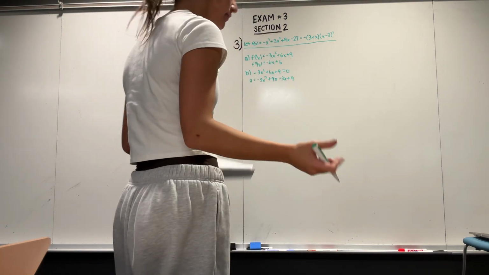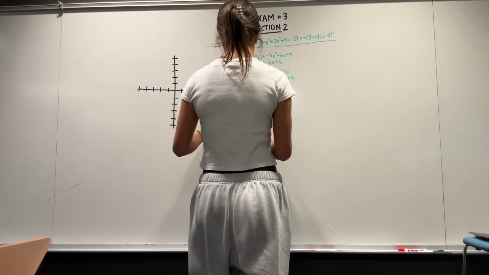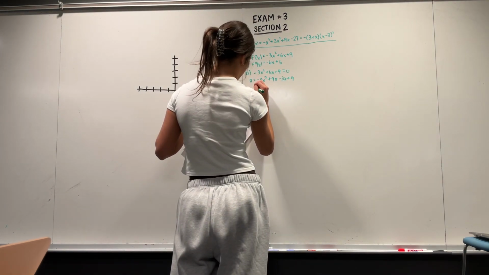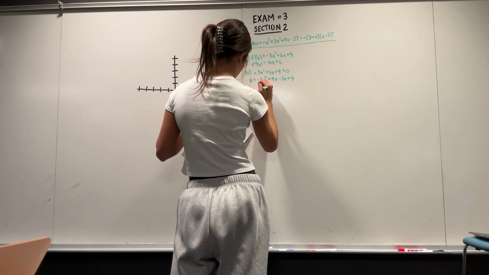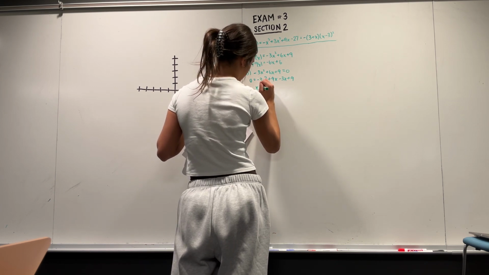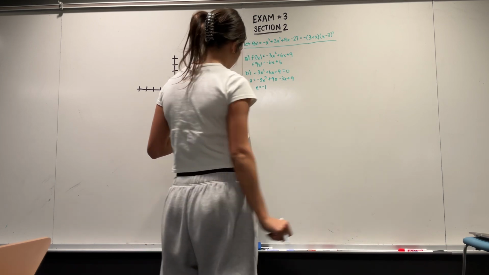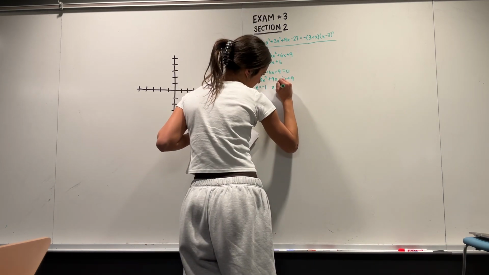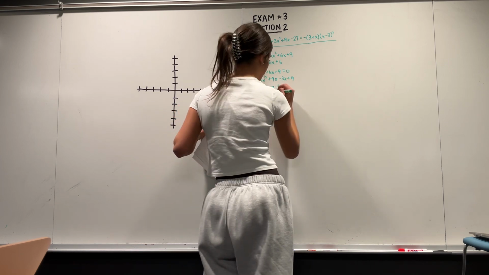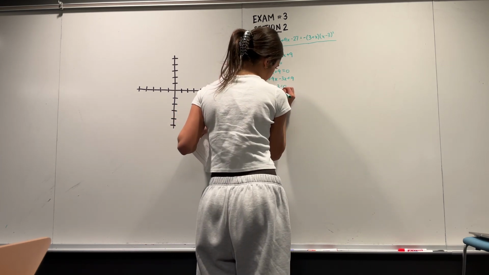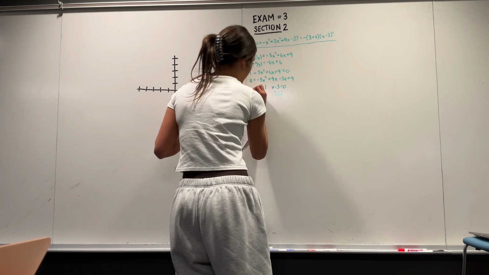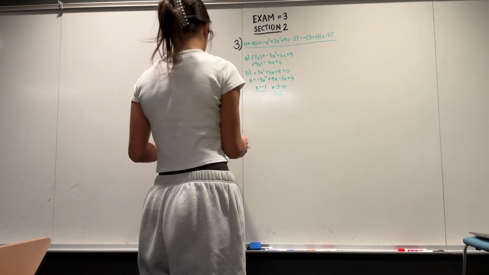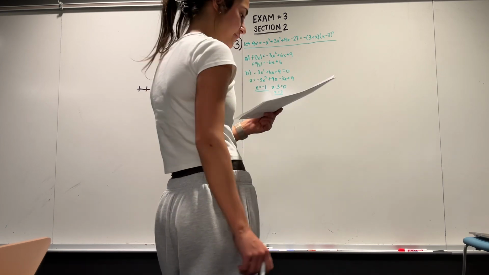And then from there, you can factor even further, and then you'll end up with x equals negative 1 as a critical point, and then you'll have x minus 3 equals 0, and that means that x would be positive 3. So these are your critical values, at negative 1 and 3.